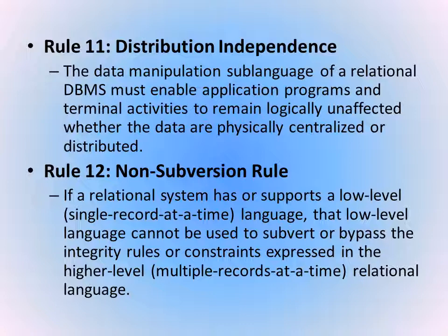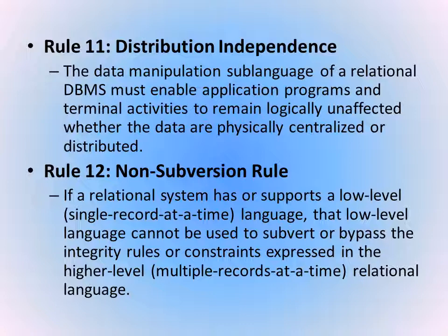Rule 12, Non-Subversion Rule. This rule states that if a relational system has or supports a low-level, that is single record at a time, language, that low-level language cannot be used to bypass the integrity rules or constraints expressed in a high-level, that is multiple record at a time, relational language. This rule means that there should be no way to modify the database structure other than a database language like SQL.